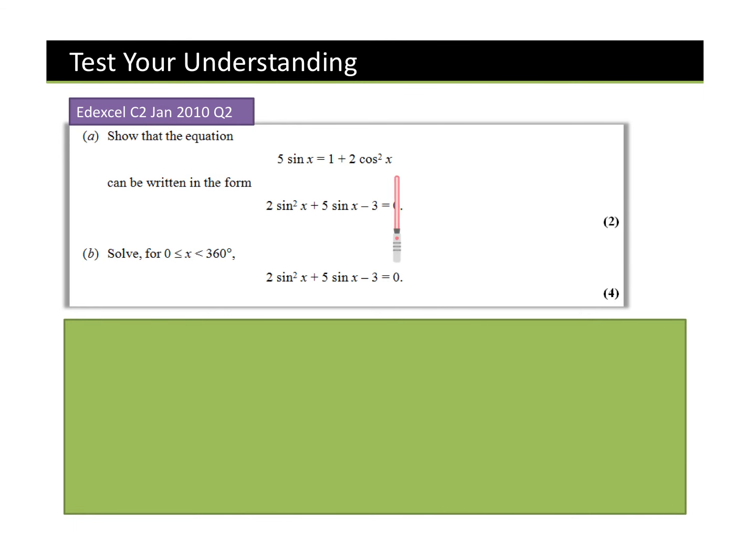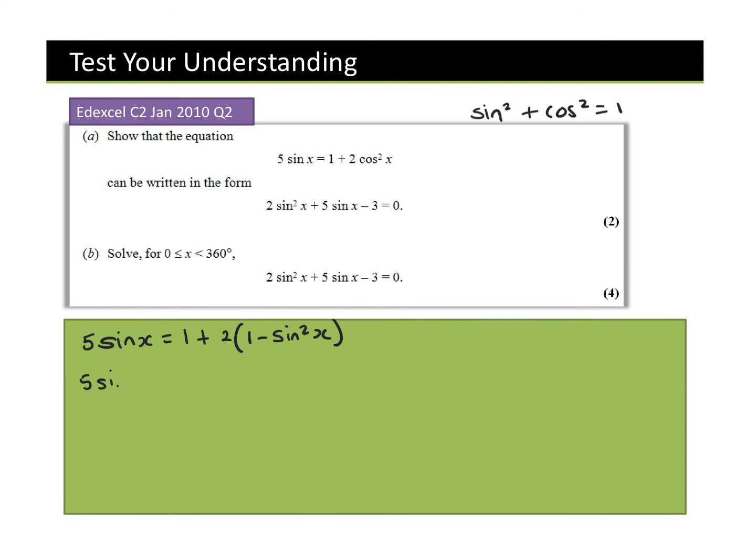Okay, so step 1. We can clearly see that we want a sine squared, and we know the identity involving sine squared and cos squared is that sine squared plus cos squared equals 1. So I'm going to substitute in 5 sine x equals 1 plus 2 lots of, and we know that cos squared equals 1 minus sine squared x.